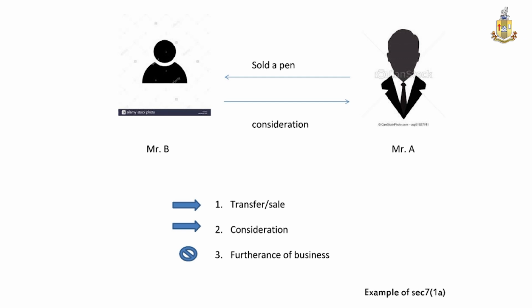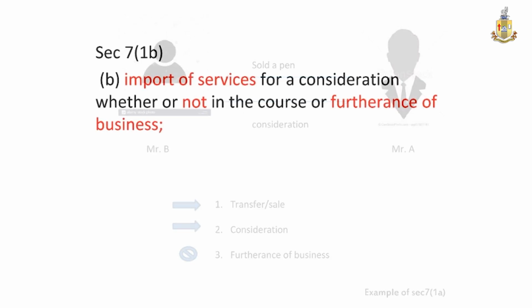Mr. B is giving consideration, but Mr. A is selling that pen not for business purpose. He's just giving the pen to another person and getting the consideration. Here the furtherance of business is not fulfilled. So out of the three conditions, the third condition, furtherance of business, is not fulfilled. Hence this does not come under GST supply.